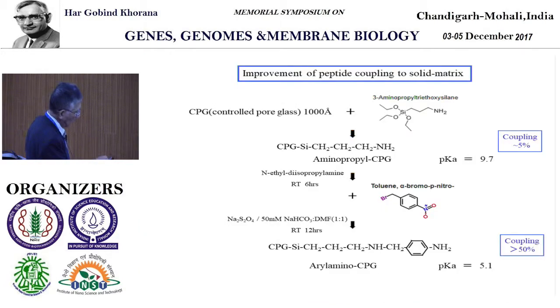And also, I had to improve the coupling yield. Aminopropyl glass beads, control pore glass beads, didn't couple very well, only 5% or so. So with Gupta's suggestion, we lowered the pK of the amino groups by having an allyl group here. And this new glass beads coupled more than 50%.